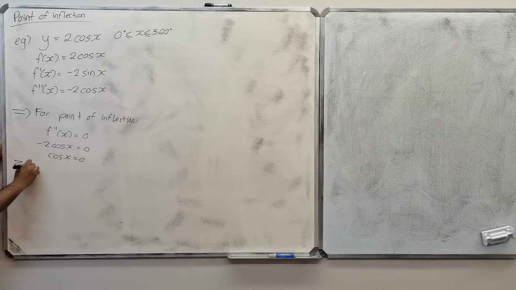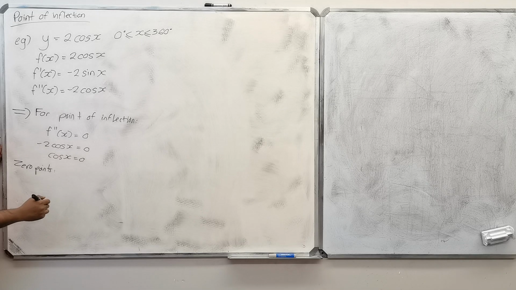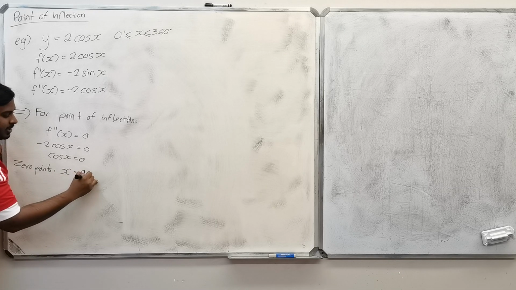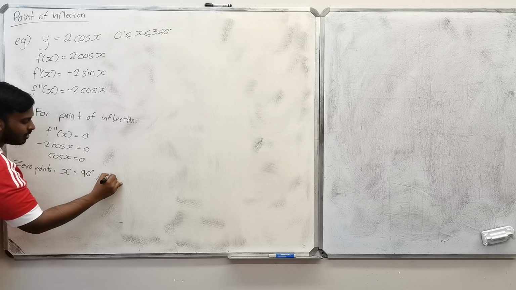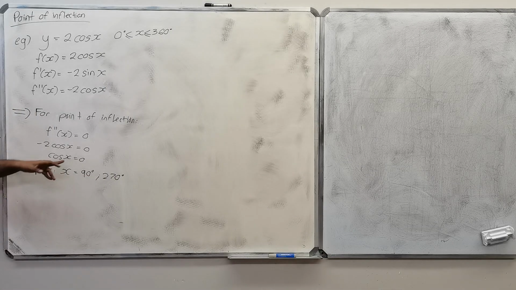Where is cos x equal to 0? At 90 and 270. In terms of our range, it's just 90 degrees and 270. I don't need to do anything else because it's just x. So x equals 90, x equals 270.